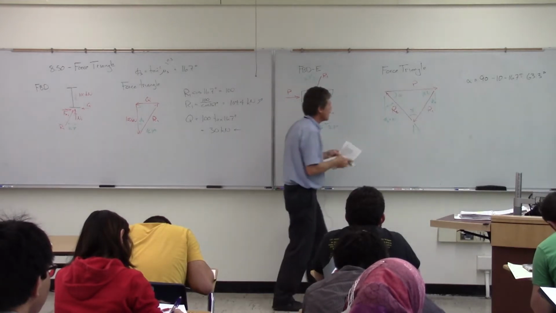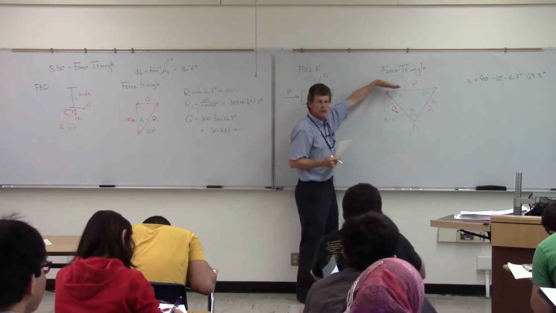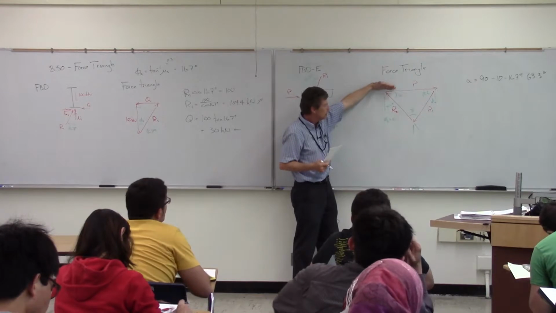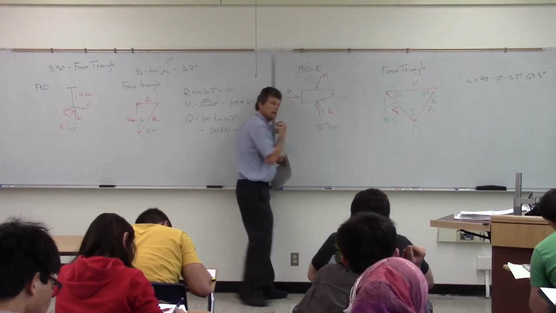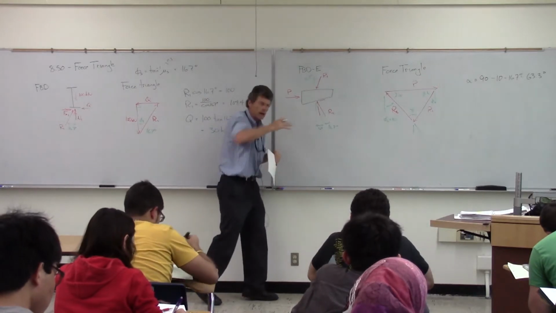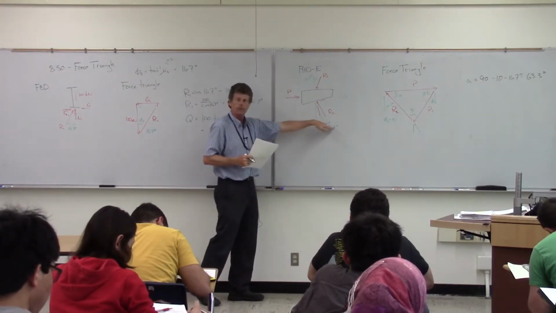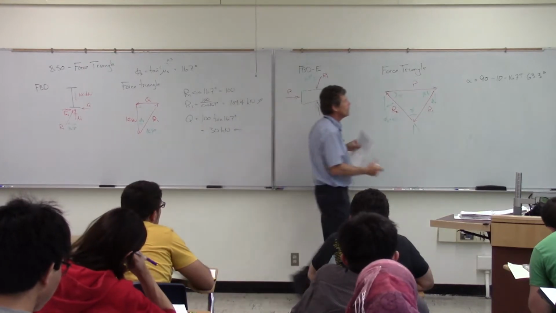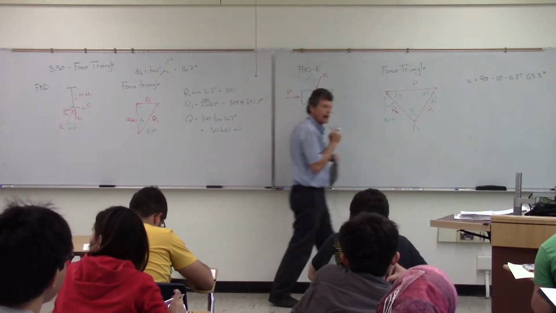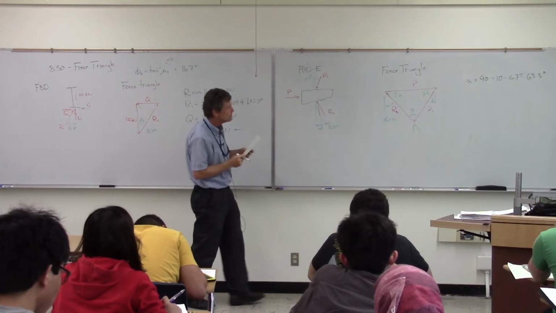Okay, so for our alpha, we know this is horizontal. And then all we're going to do is subtract this combined shift of the angle of the wedge plus the friction angle. So it's simply 10 plus the 16.7, and we calculate that interior angle will be 63.3.